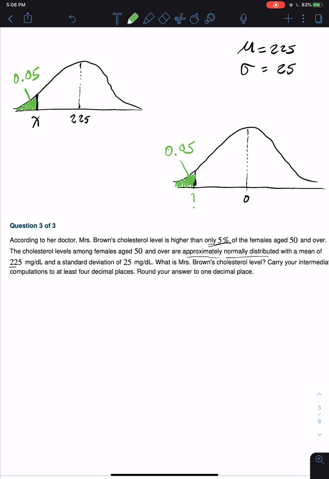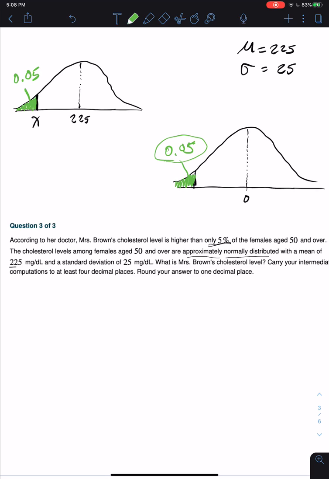So how do we do that? Well, we have to go backwards than we're used to. We have to find the area of 0.05, as close as we can, in the body of our z-table, and then go backwards and get the z-score there, and then convert it to the raw score over there. Okay, there's our game plan. Ready, break, go.